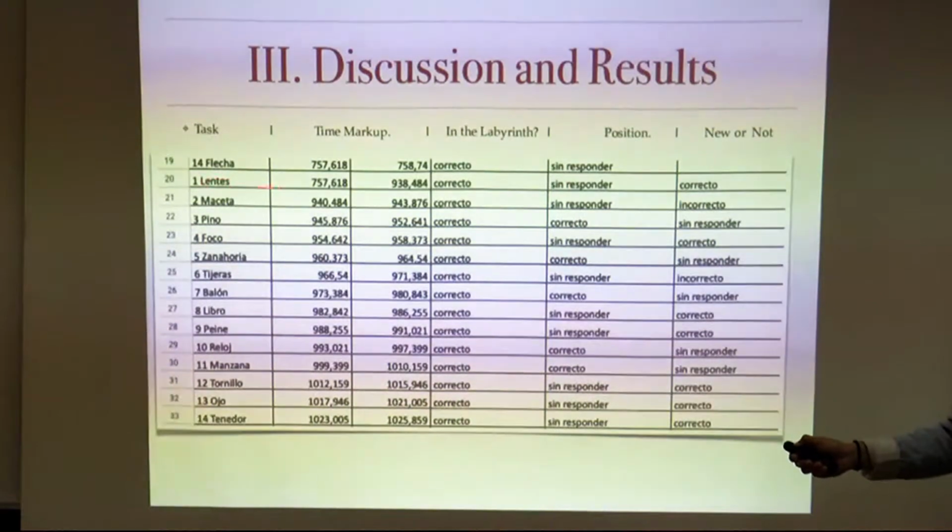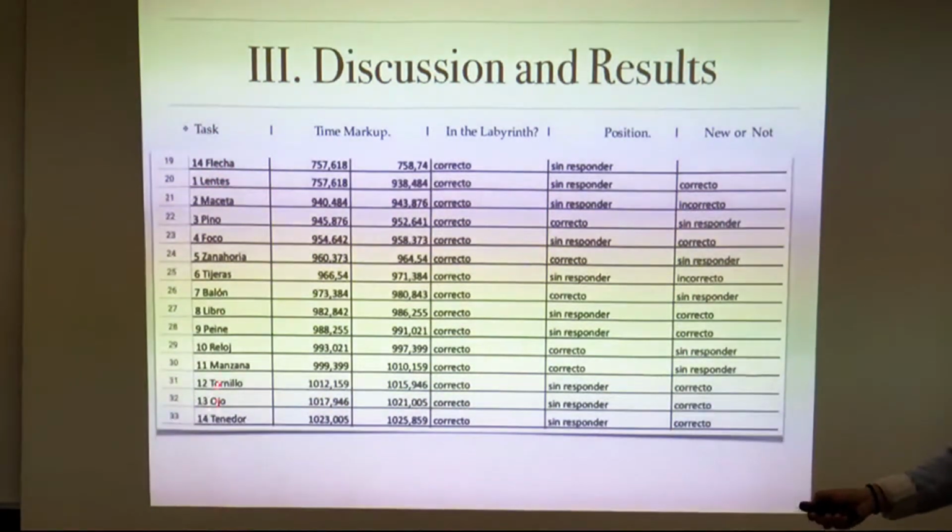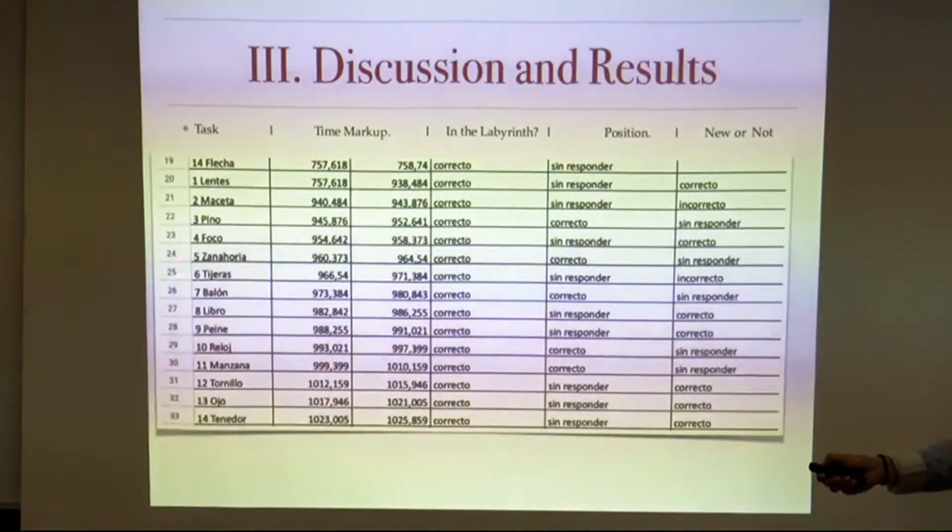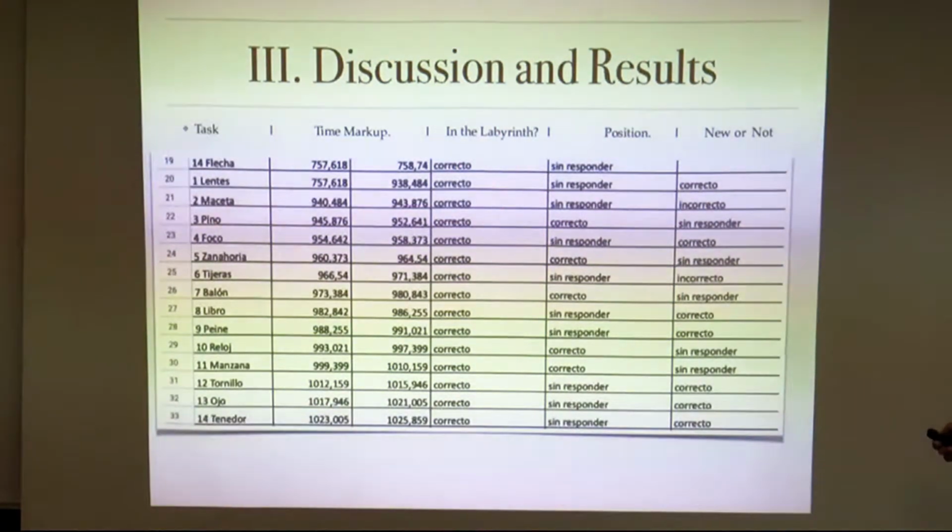And here we have the task or the objects shown on the screen, and the answer of the subject, if it was right or wrong. The position, if the answer was right or wrong also, and if the object was new or wasn't. So this data is analyzed by the neurologists in the research department, INS.